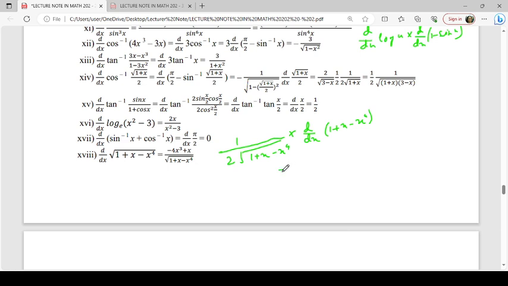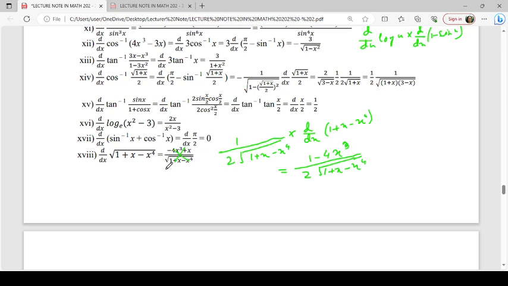So this is equal to 2 root over 1 plus x minus x to the power 4, and this is 0 plus 1 minus 4x cube. So this is wrongly written.